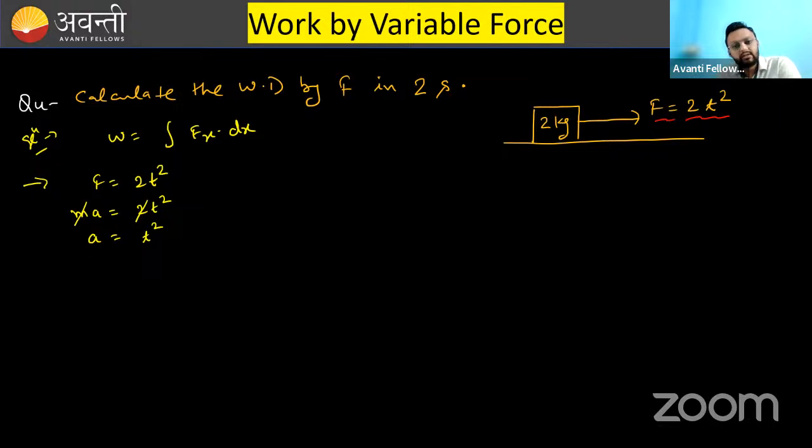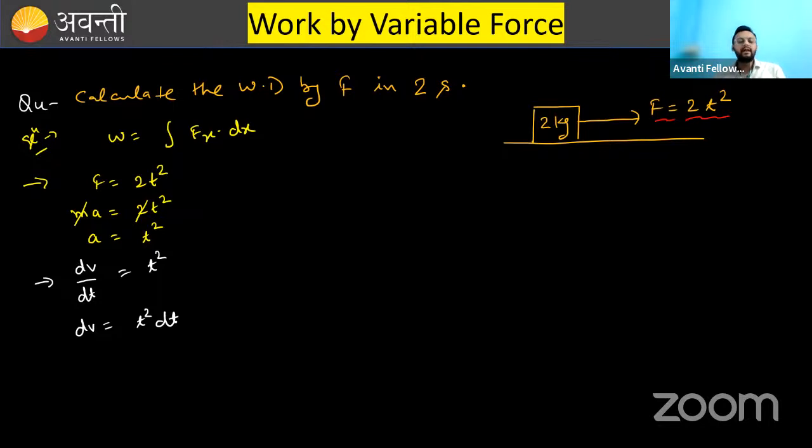In kinematics, you have learned that A can be written as dv over dt. So dv over dt is equal to t square, which becomes dv is equal to t square dt.